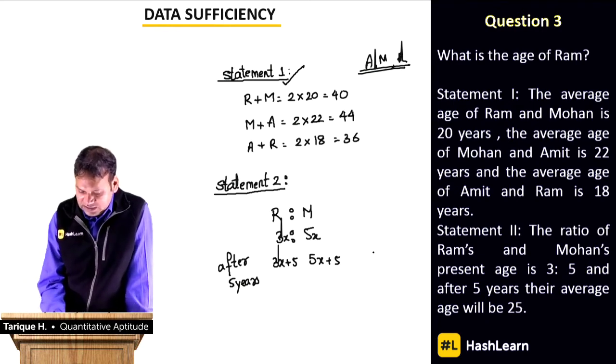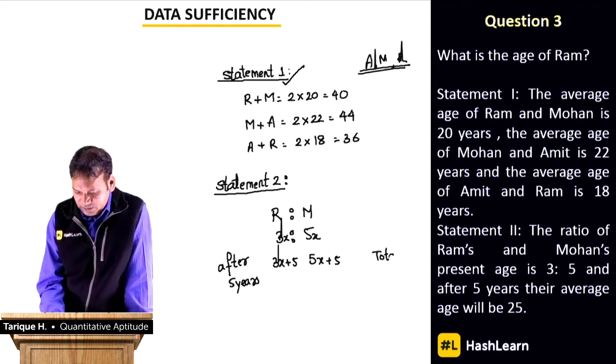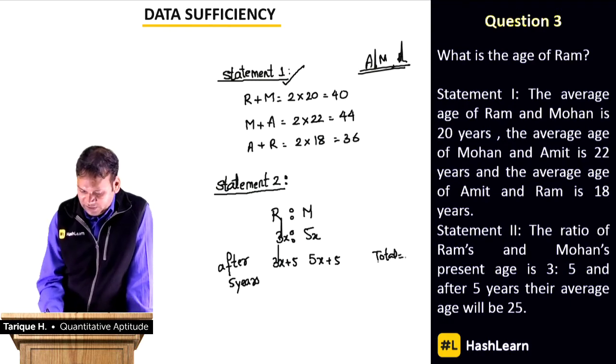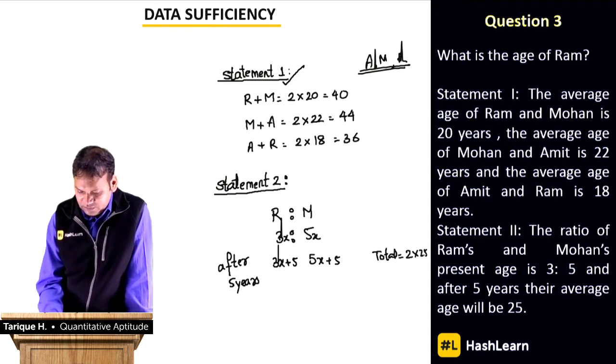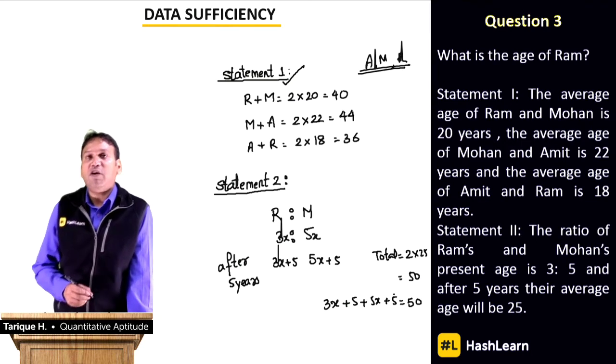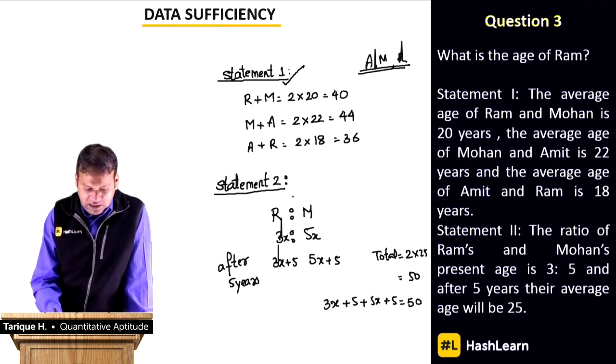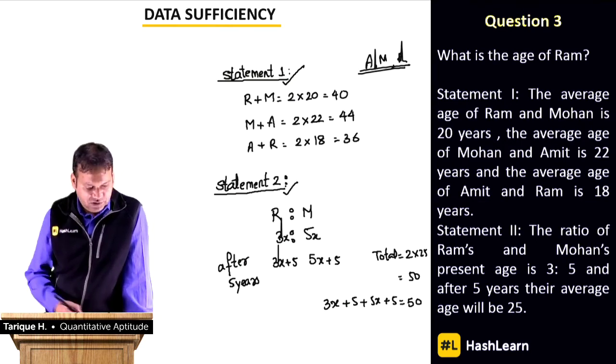That means the total age will be 2 into 25, 50. That means 3x plus 5 plus 5x plus 5 is 50, and we can solve and find out the value of x. And once we know the value of x, we can find out the age of Ram. That means statement 2 alone is also sufficient.